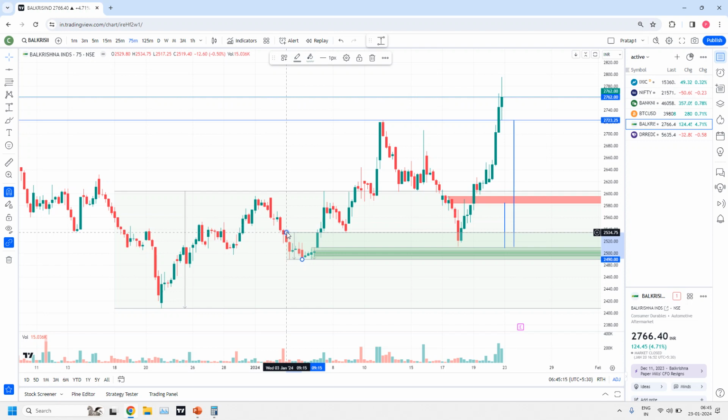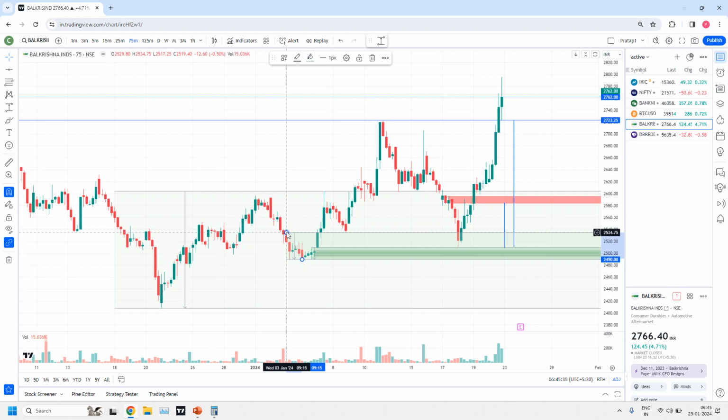Because they have more pending orders, the push will be very, very high. That means from there, the prices will move very fast. That way we get more targets in a short period.